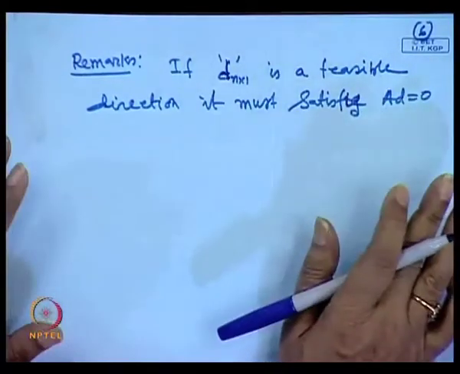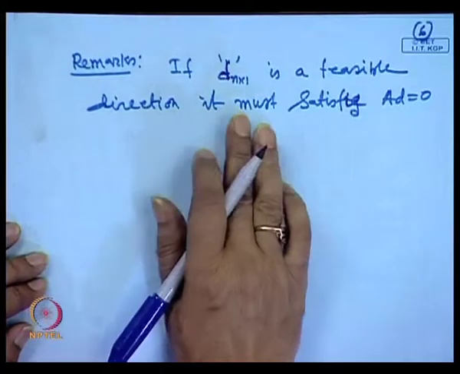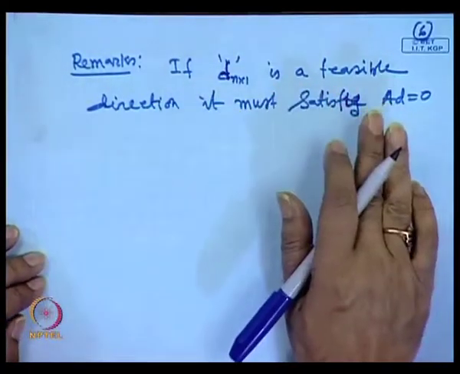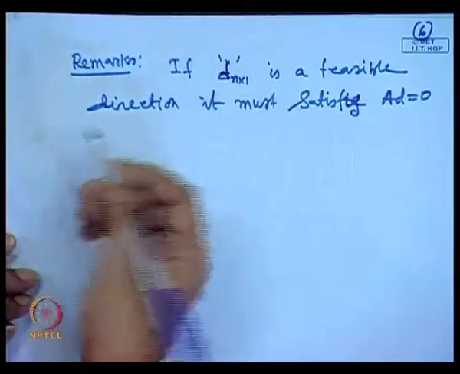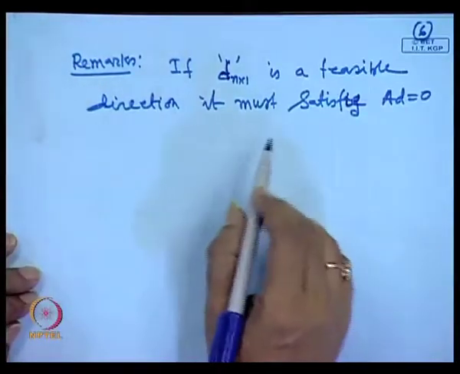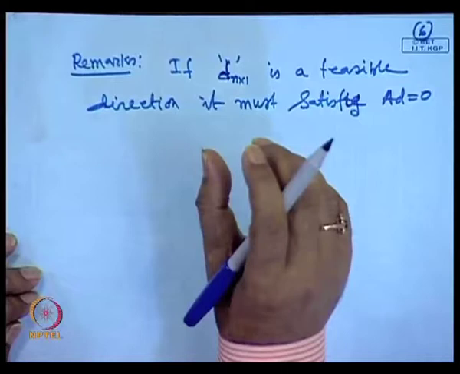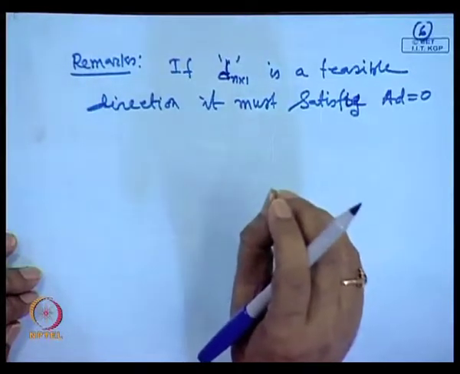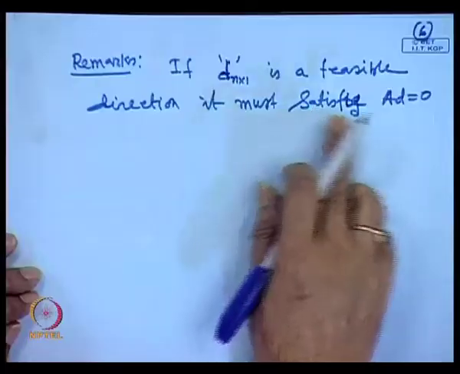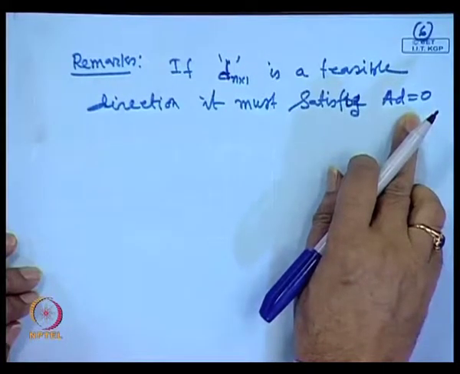Feasible descent direction means that the function value will decrease if we move in this direction, and it must satisfy our equality constraints also.